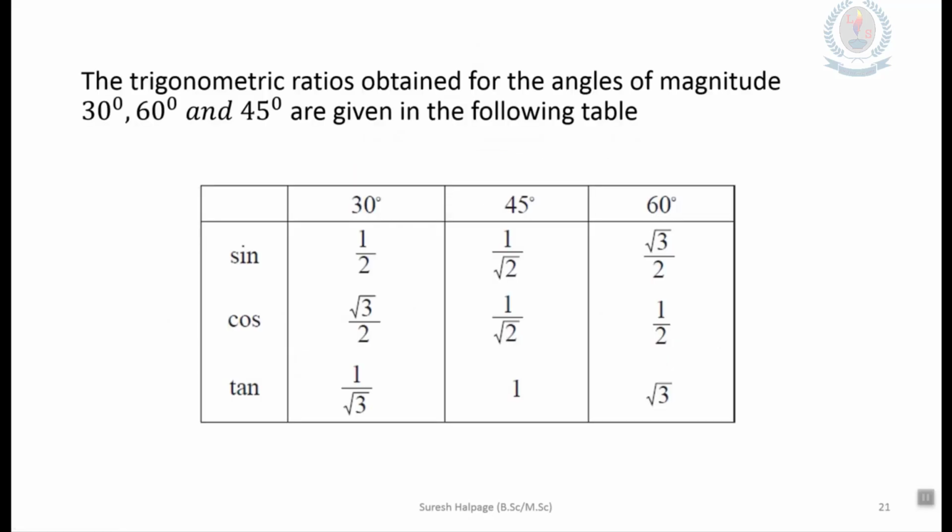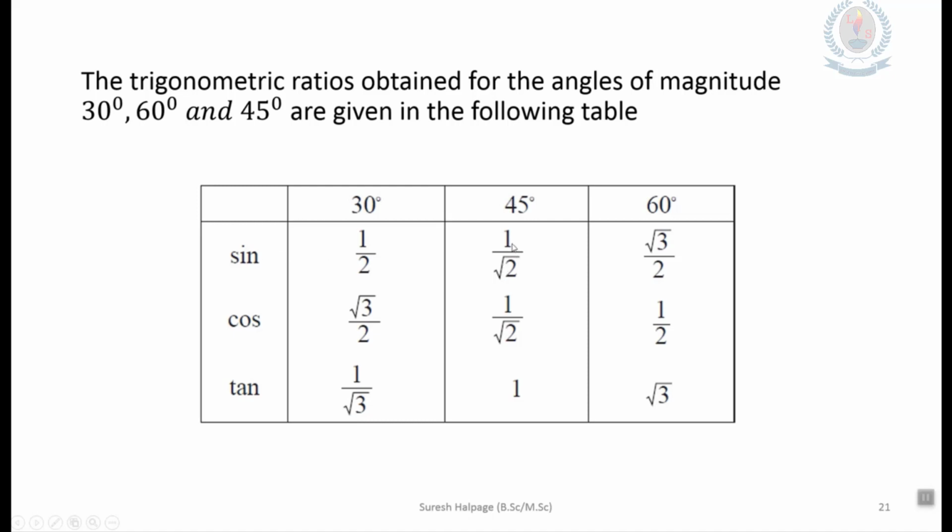So we can create a table like this. The trigonometric ratios obtained for the angles of magnitude 30 degrees, 60 degrees and 45 degrees are given in the following table. So how can we read this table? Sine 30, half.